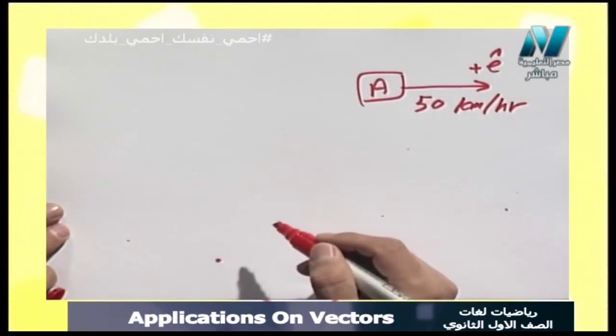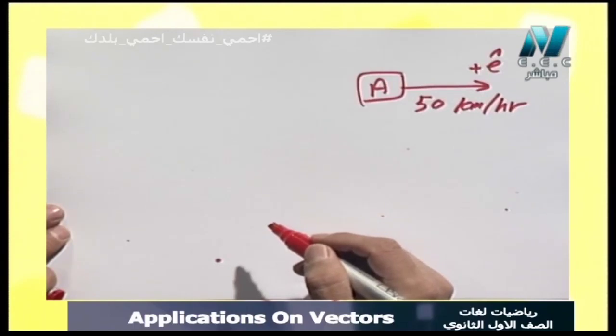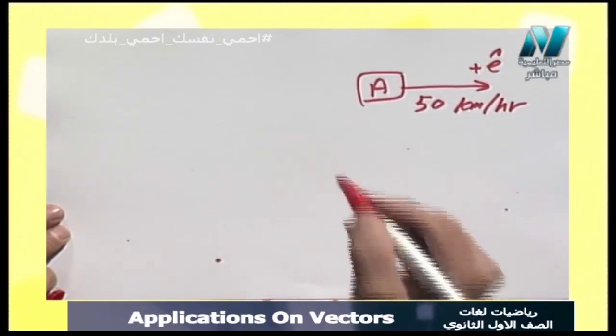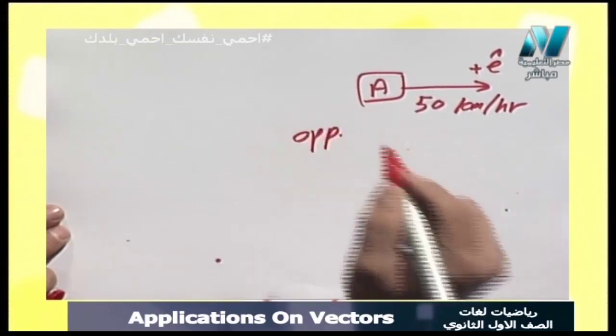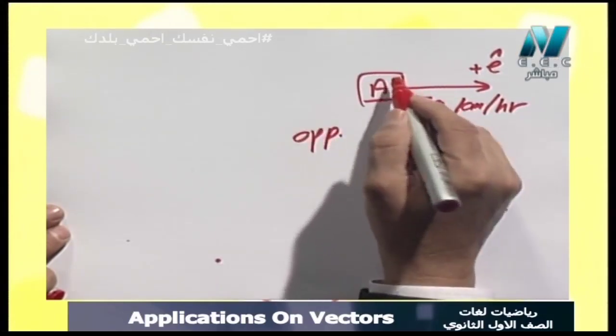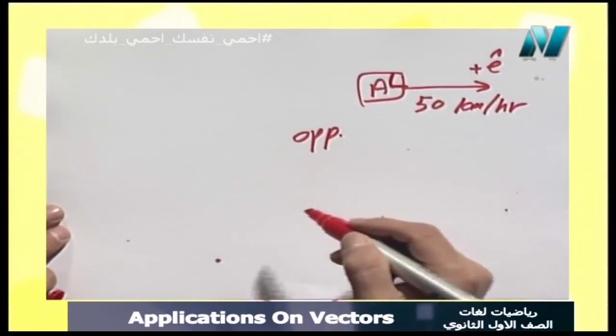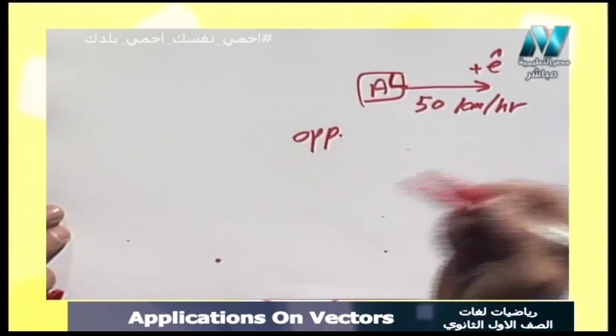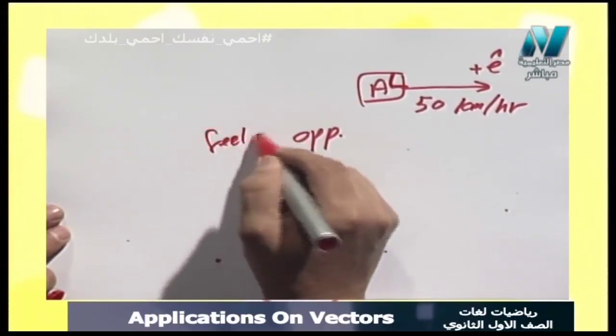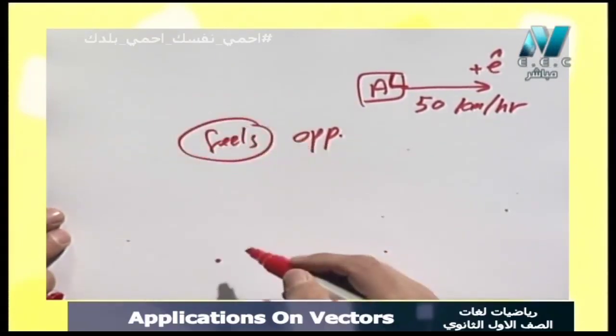What about it? And the rider feels that a car B is moving in the opposite direction. It's very important to note the word feels.